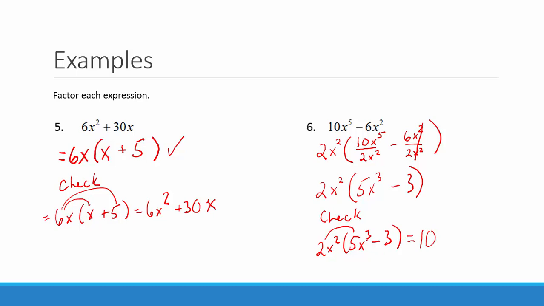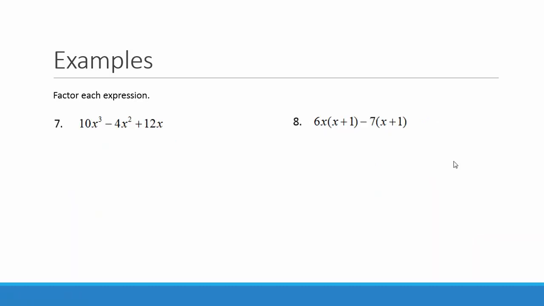And x squared times x to the third, we add those exponents and we get x to the fifth. Then we're going to multiply 2x squared times negative 3. 2 times negative 3 is equal to negative 6, and then we have the x squared. So that gives us back our original problem. So we know our factored form is correct.